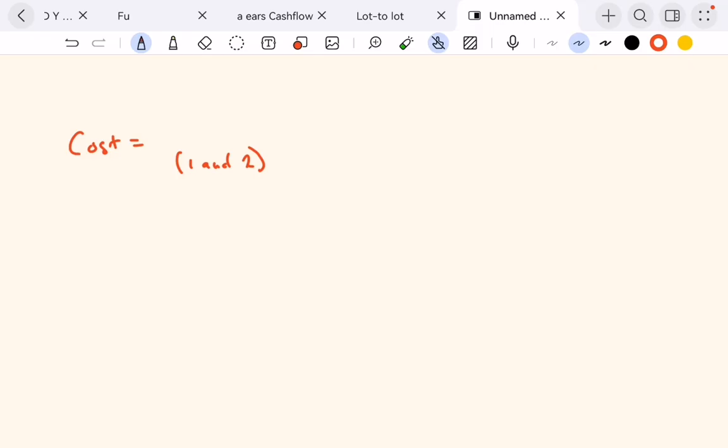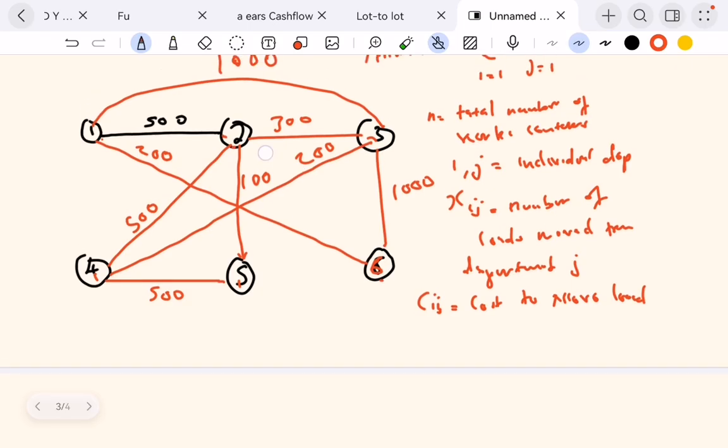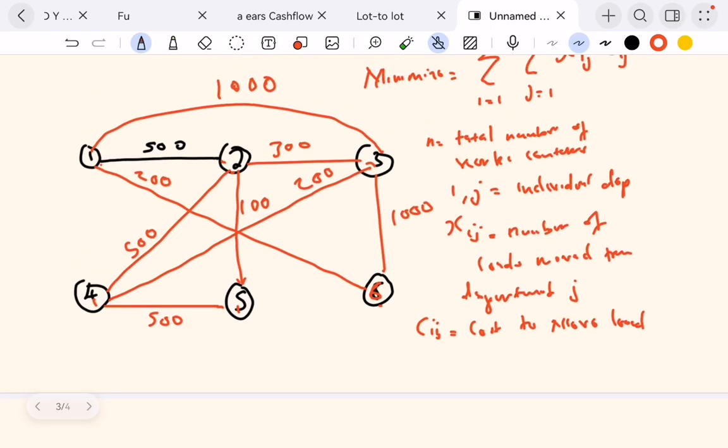What is the number between 1 and 2? It's 500 times z, because we are just moving within department i.